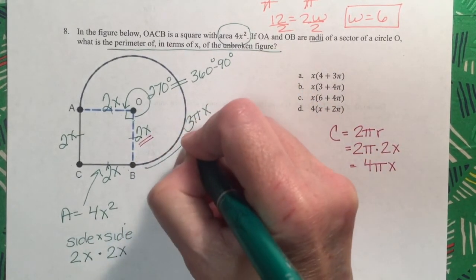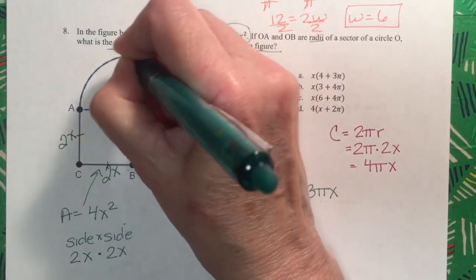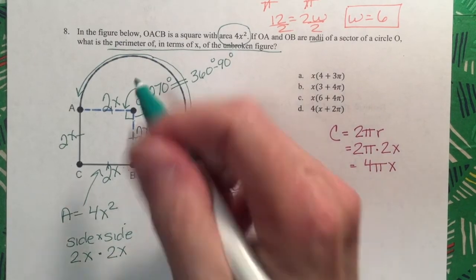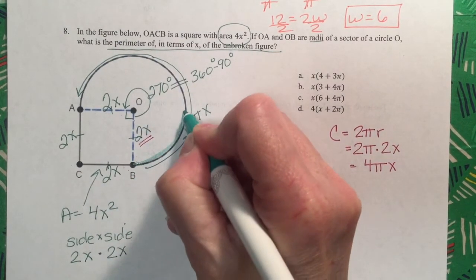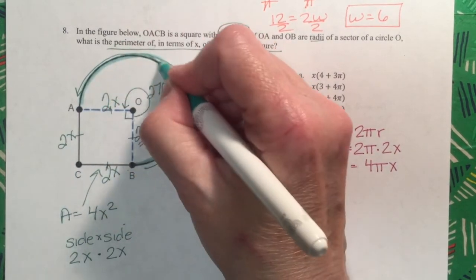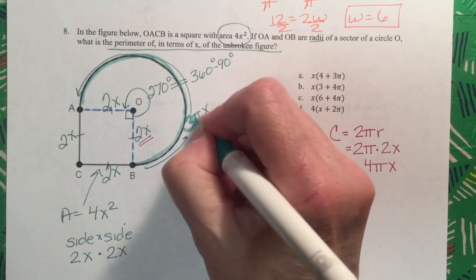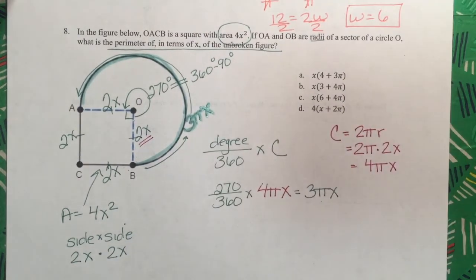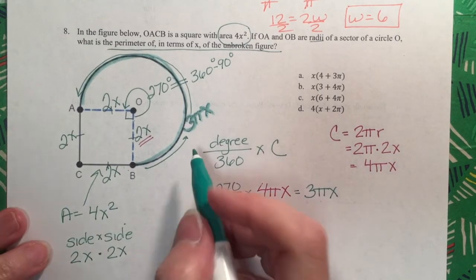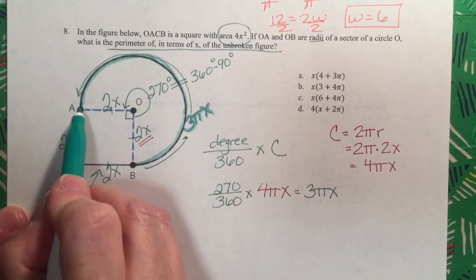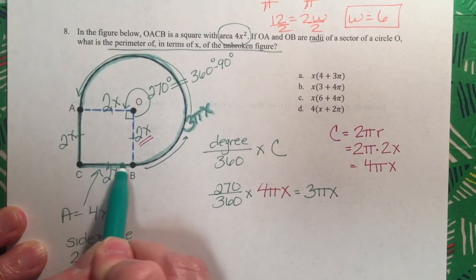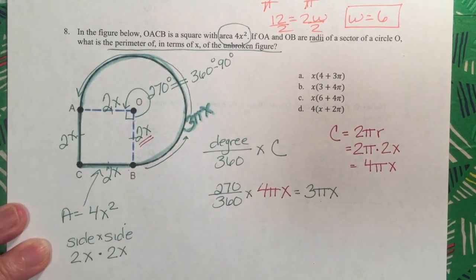So this piece here that goes all the way around like this, that piece is 3 pi x. Okay. So we've already got this part of the perimeter figured out. Okay, that's 3 pi x. Now, if we want to go all the way around the figure, what do we still need to add to it? We still need to add, at this point, we have to come down here, and then we have to go across here, and then we've outlined the whole figure.